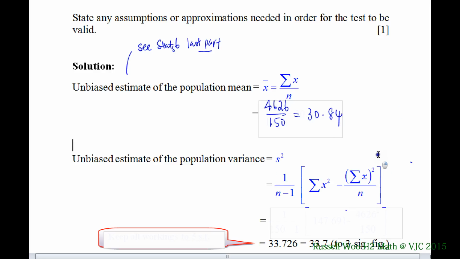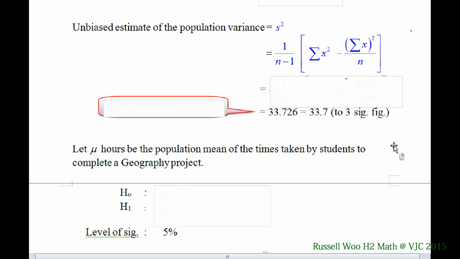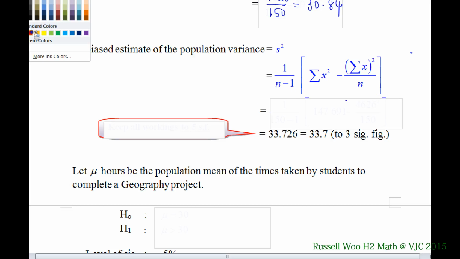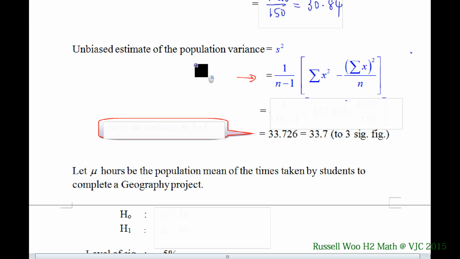Okay. This, no need to memorize this. This is available in MF15, okay? Available in MF15. Alright, no need to memorize. Just dump in the values you have.